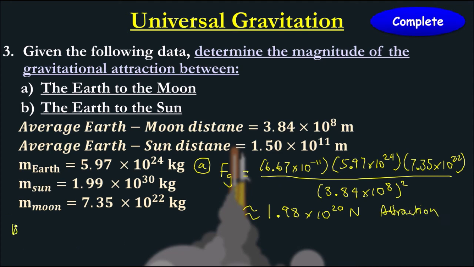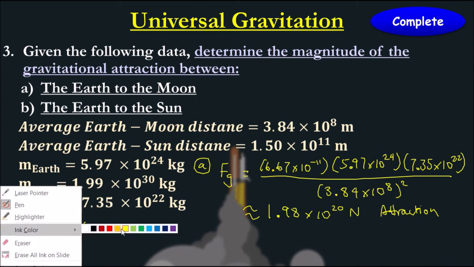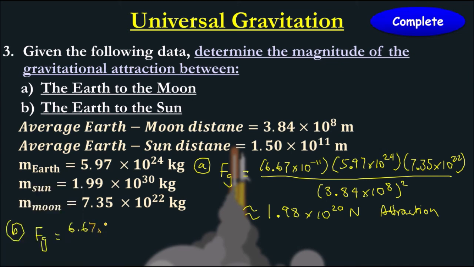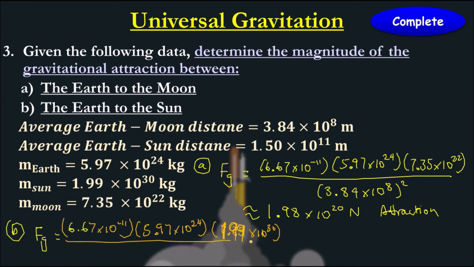Okay, and then we go to B, the interaction between Earth and the Sun. So again, do your calculations. Maybe I'll do it in a different color. Hopefully that doesn't confuse anyone. So we have the mass of the Earth, and we also have the mass of the Sun, which is 1.99 x 10 to the power 30, over the distance in which they're separated from their centers.